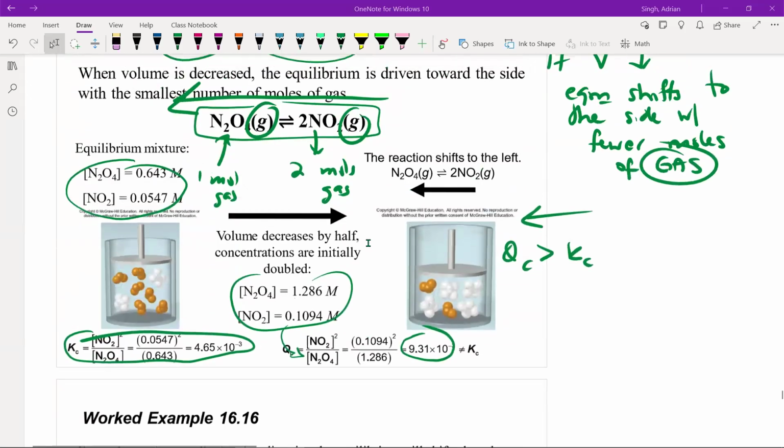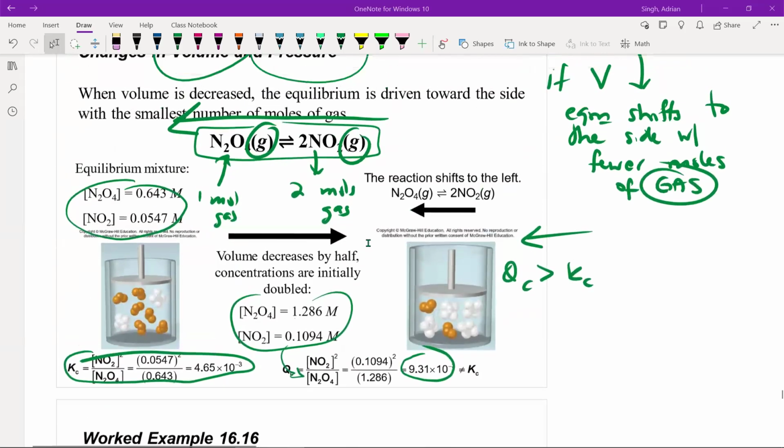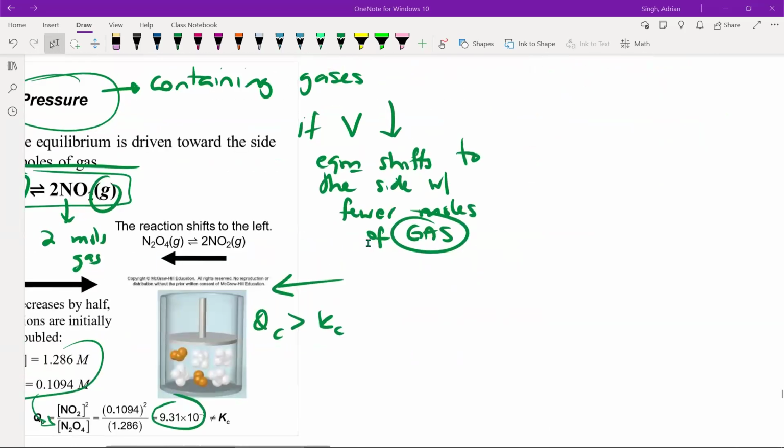We could also complete this discussion by talking about the opposite. If the volume is increased, then the opposite would happen. The equilibrium will shift to the side with the greater moles of gas.